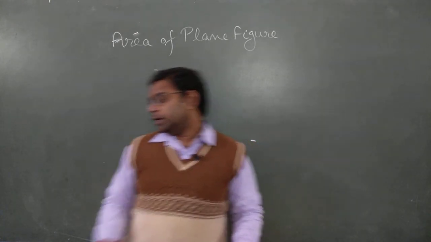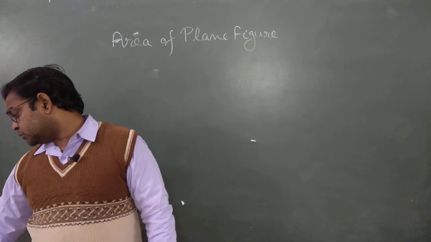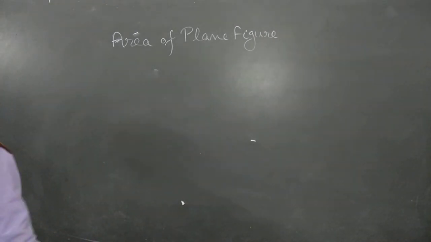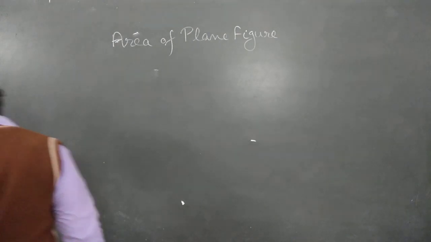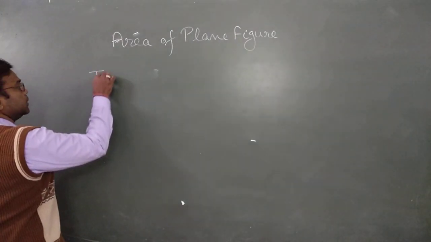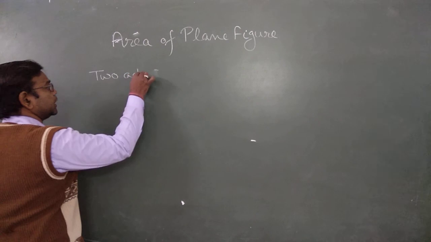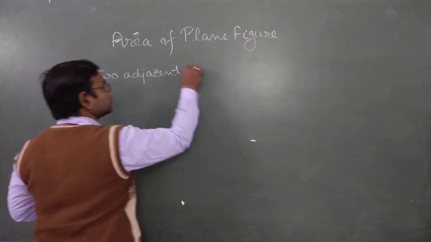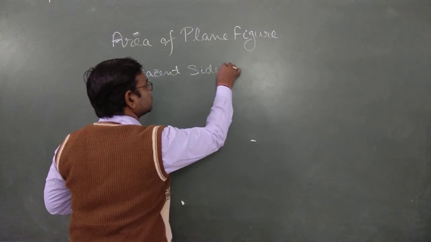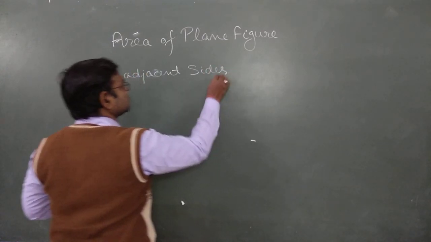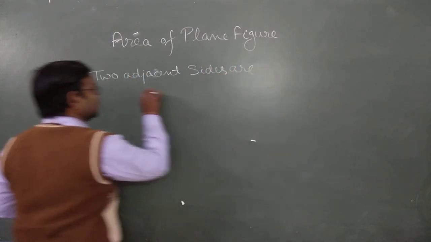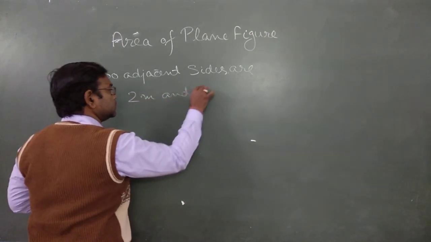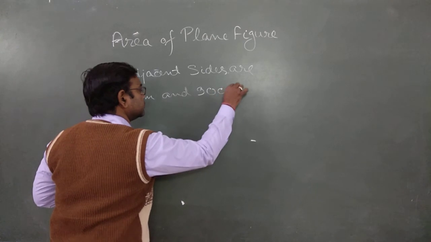For example, here I have a question: find the area of a rectangle whose two adjacent sides are 2 meter and 90 centimeter.